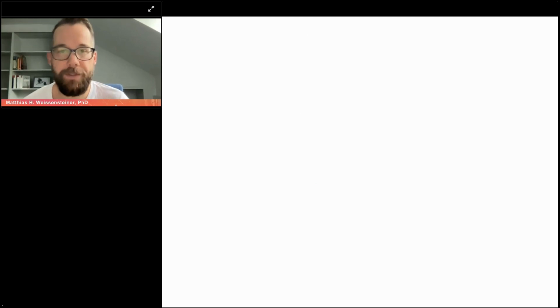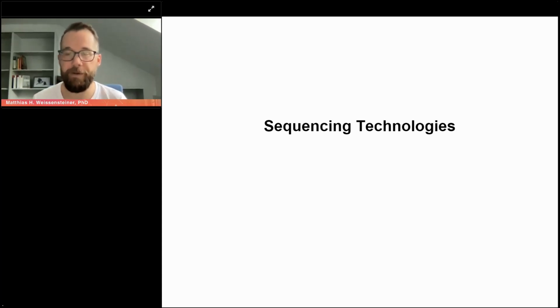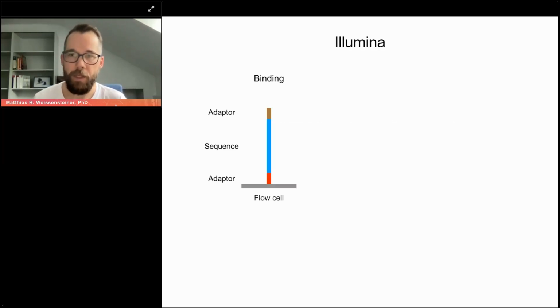Okay, so that was the first general part on the non-B DNA structures. And in the next part, I am going to talk very briefly about the three major sequencing technologies, which we also have used in our study. So first, to start with one of the most common, or maybe the most common sequencing technology, Illumina short-read sequencing.